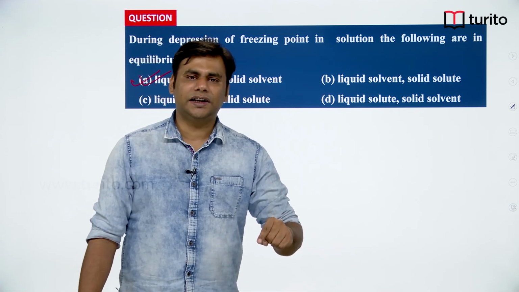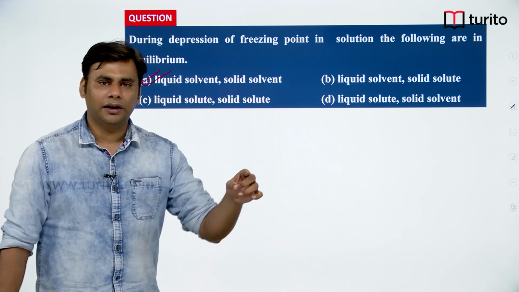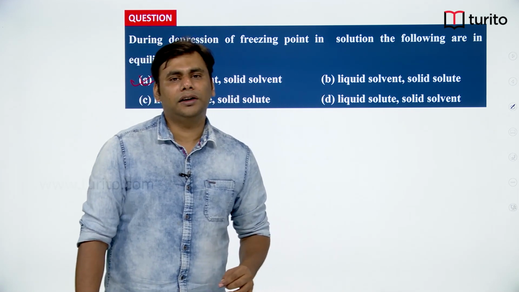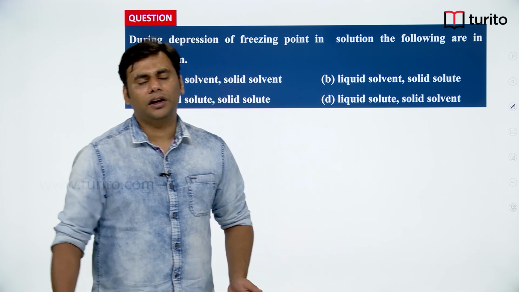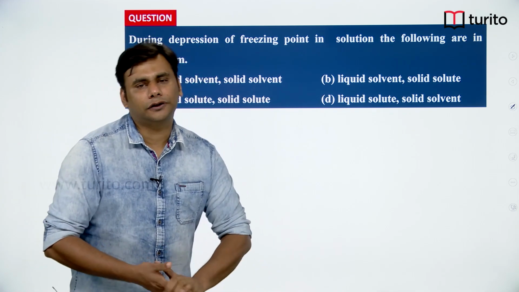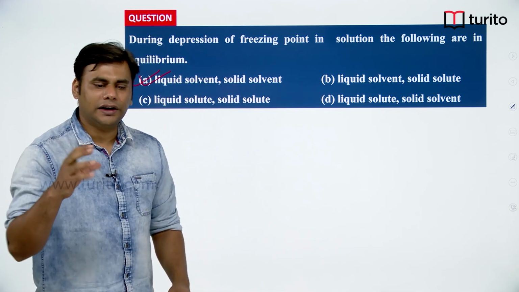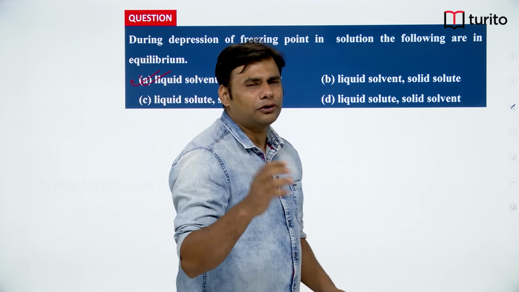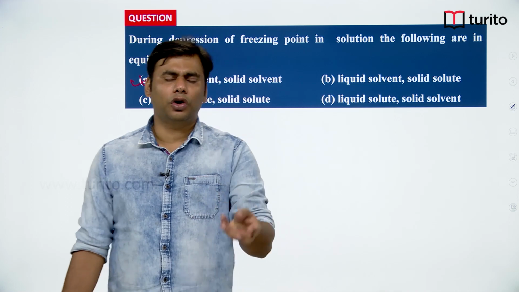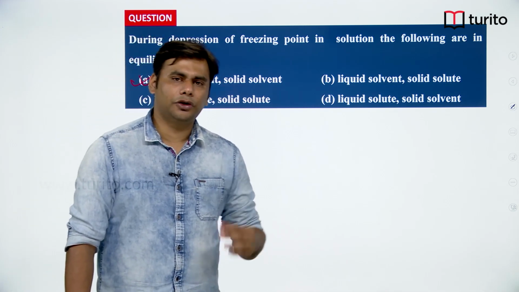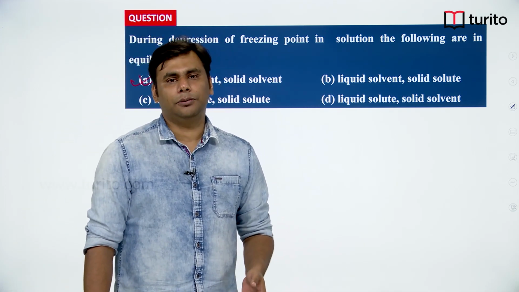So at minus 1 degree Celsius, which was the temperature of the surrounding, the ice would not remain in the solid form. It would melt and change into liquid water. So if you sprinkle salt over the snow, the snow or the ice would start melting, because there would be a depression in the freezing point.